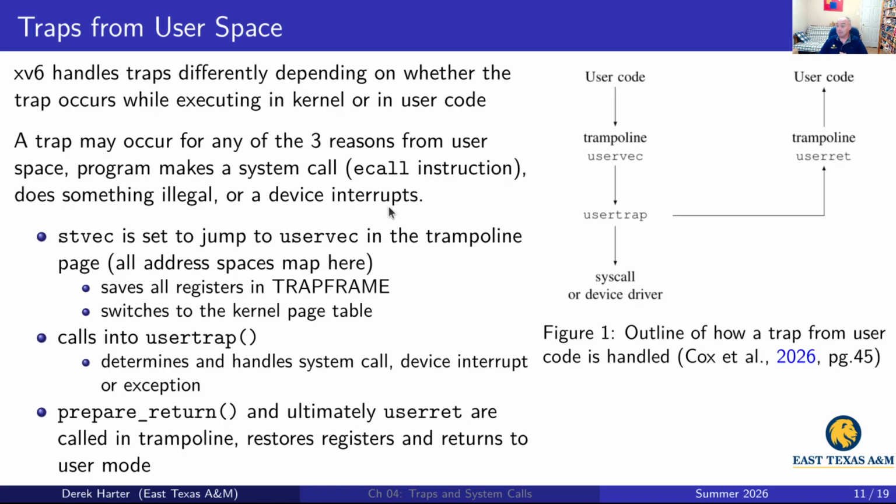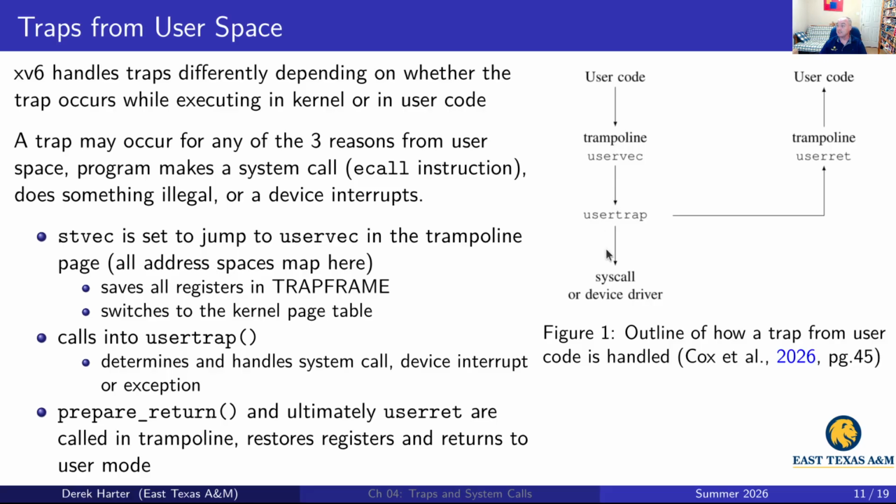I won't go over the hardware mechanisms again, but for all three of those reasons, the hardware will do what we talked about in the previous video: save the current state of the program counter and then set the program counter to the value in the stvec.